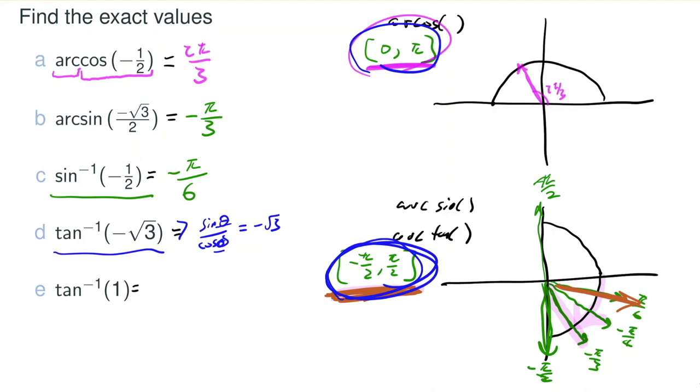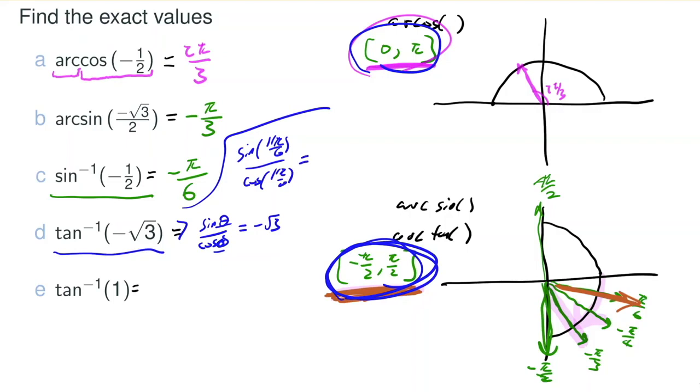So on the unit circle, we know that 11 pi over 6, for example. So let me do it here. Tangent, oops, sorry. Sine of 11 pi over 6 over cosine of 11 pi over 6.